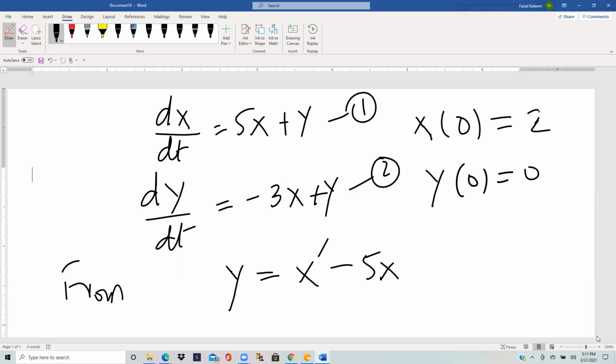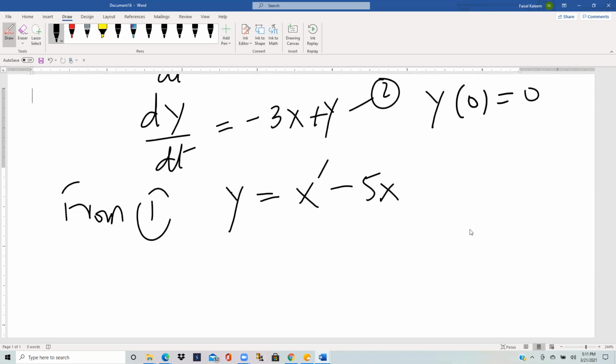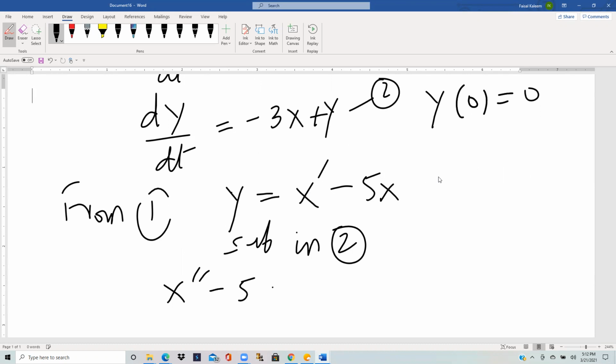So from 1, y is equal to x prime minus 5x, substituting in 2. So we get, dy over dt is the derivative of y. So the derivative of y would be x double prime minus 5x prime, is equal to minus 3x plus y, and y is x prime minus 5x.